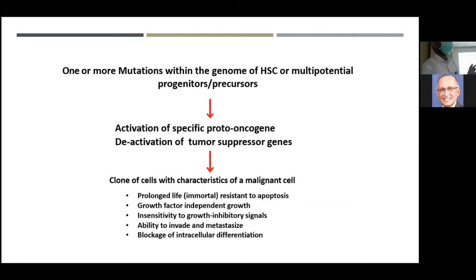So one or more mutations in the genome, basically in the pluripotent or multipotential progenitor cells, drive these cells, with activation of oncogenes, proto-oncogenes, and inactivation of tumor suppressors. So these will trigger a cell to get into the division mode. So they continuously divide, and additional mutations occur.